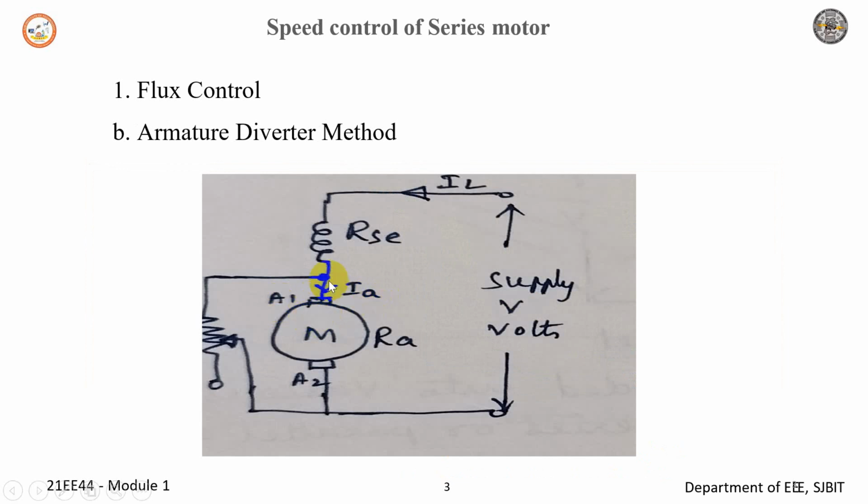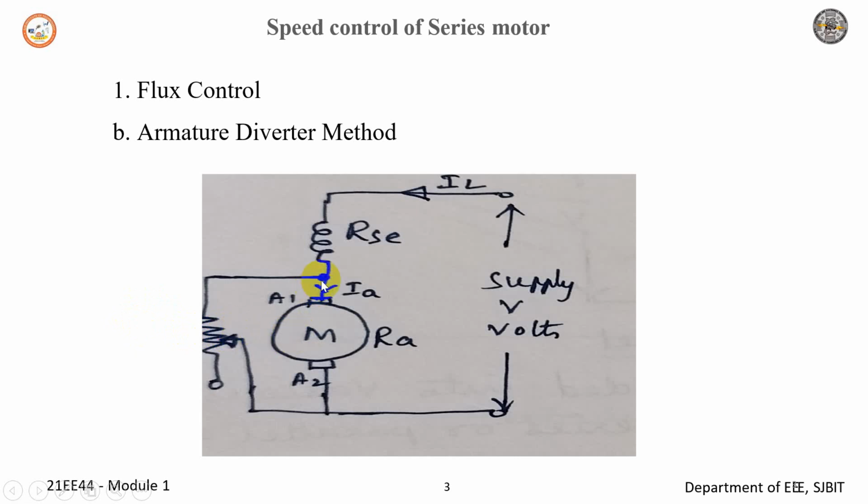Here the armature current is diverted by connecting a resistance, Rx. This method is used for motors which require constant load torque. The armature of the motor is shunted with an external variable resistance Rx, as shown in the figure.